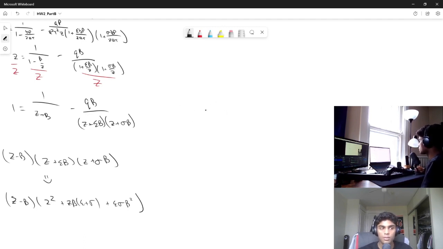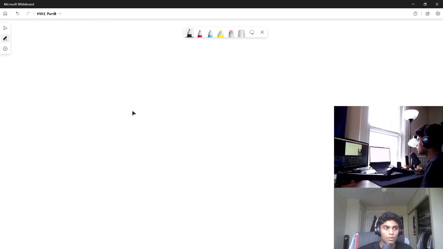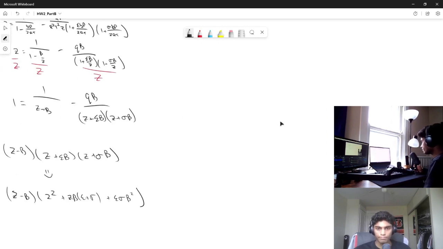So let's just, I think we might need a bit more room. So we'll have z plus epsilon b, z plus sigma b. To get these two equal, we're going to have to multiply the numerator of this one by z minus b.